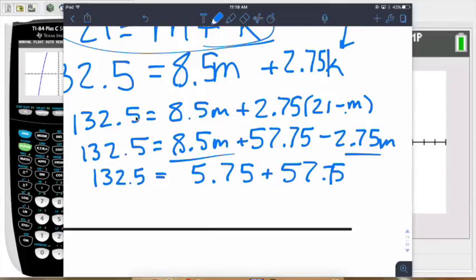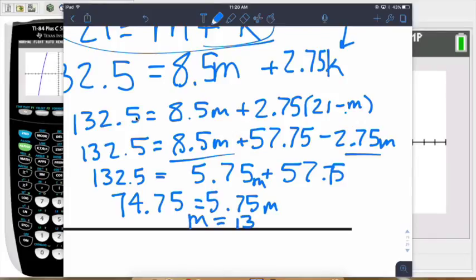So I'm going to go 132.5 minus the 57.75. And that'll be 74.75. And then equals 5.75m. So then we'll go divide by 5.75. And good, that comes out to m equals 13.